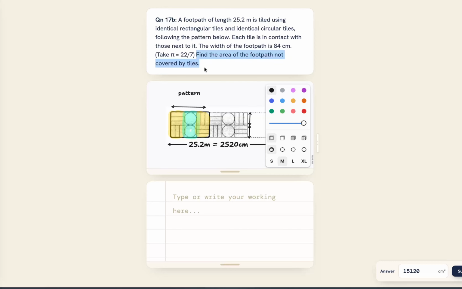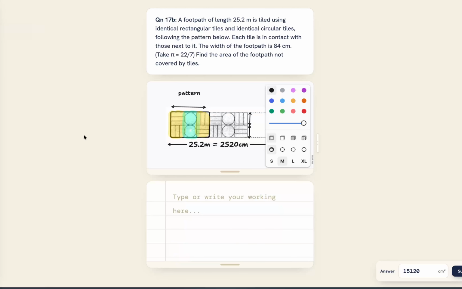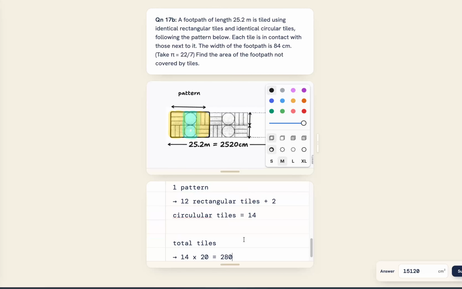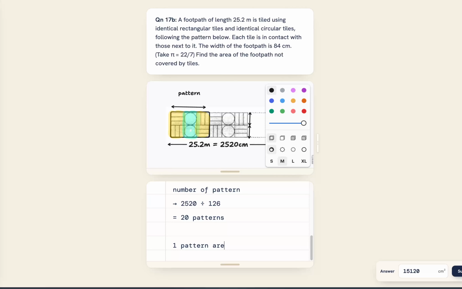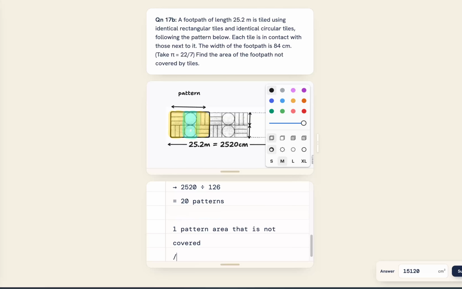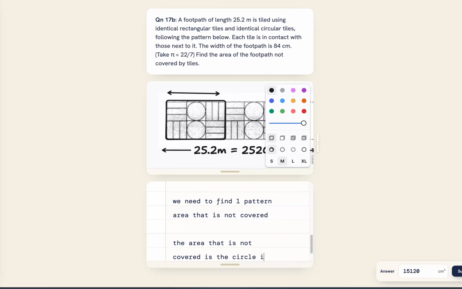Part B, find the area of the footpath that is not covered by the tiles. So by using what we have learned over here, we don't need the number of tiles anymore. We just need the one pattern area that is not covered, and the area that is not covered is the circle in the square.